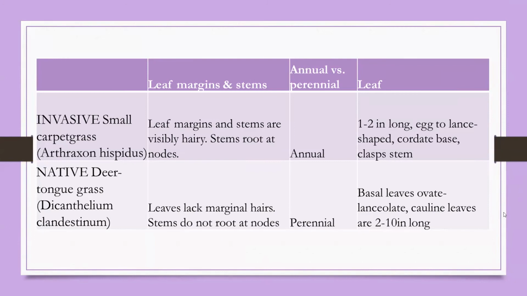Small carpetgrass is an annual, which will help us treat it just a little bit. And the stems, before we go to the next slide, don't root at the nodes of deer tongue grass. They will root at the nodes of small carpetgrass. They do not do that for the native deer tongue, which is a Dichanthelium or a Panicum.